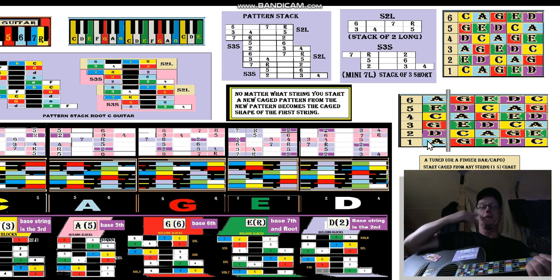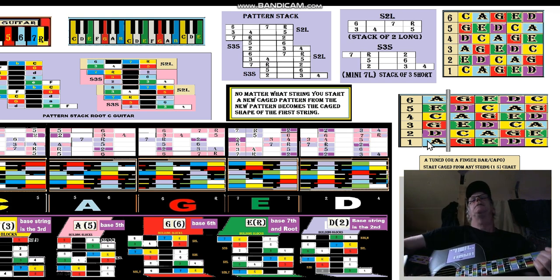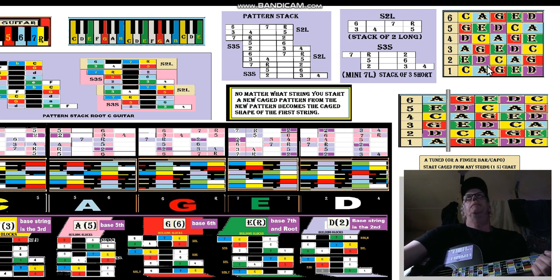The wonderful thing about this chart that I made, and this is only different on the G, is that CAGE is always the bottom string. I mean, CAGE is on the bottom of these chambers. These are diatonic scales. Well, this is actually just a chamber that could be anything. But when you put the numbers on it, that's definitely a D shape.